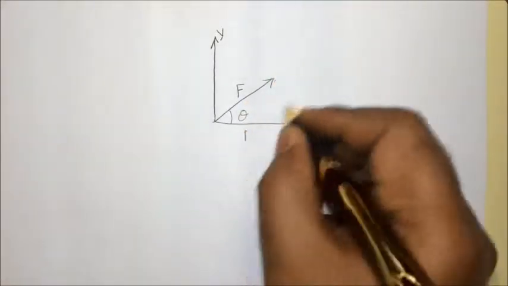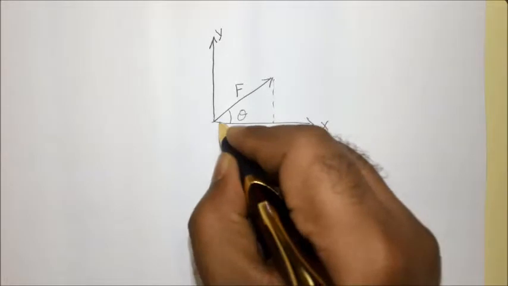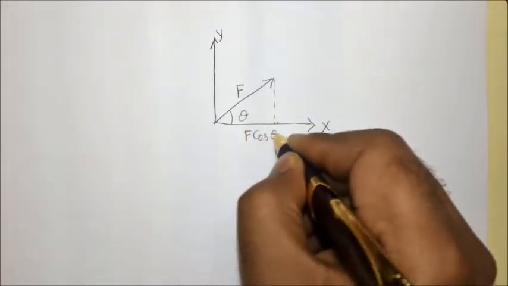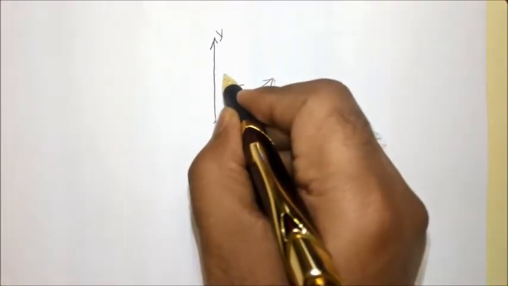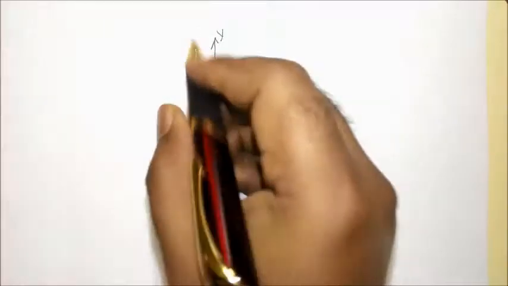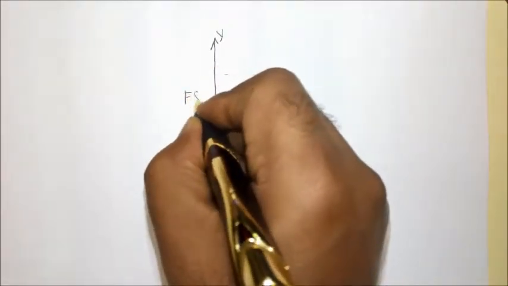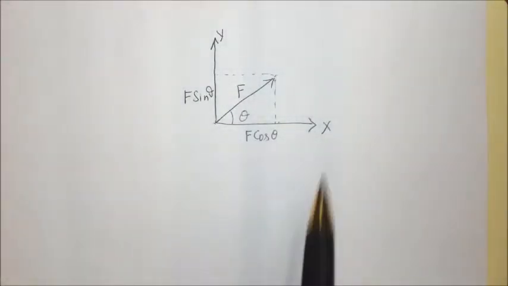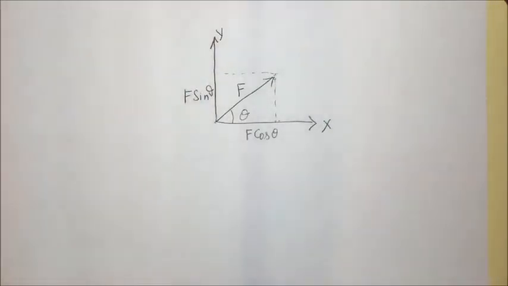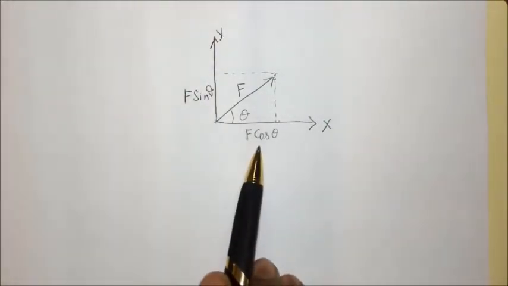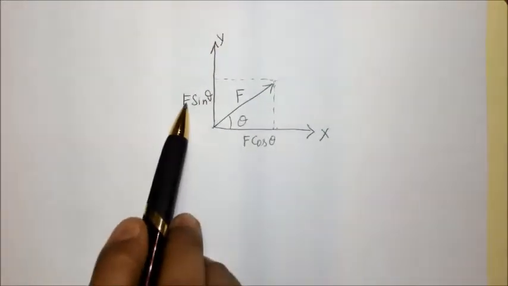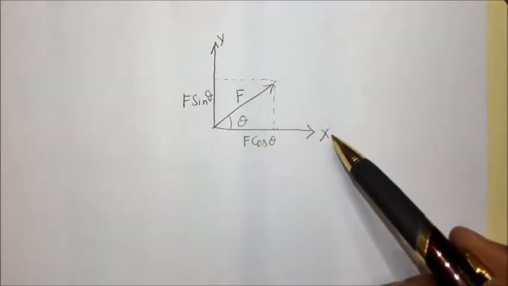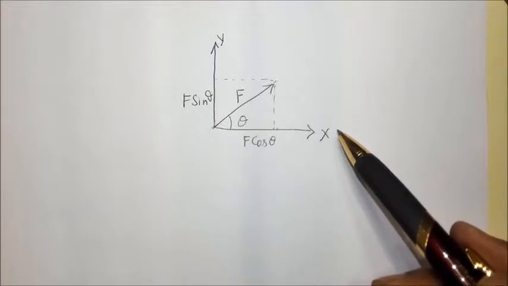Fx is going to be from here to here, the X component, which is F cosine theta, and this is going to be F sine theta. These axes X and Y I have chosen, so I am calling this X and this Y.